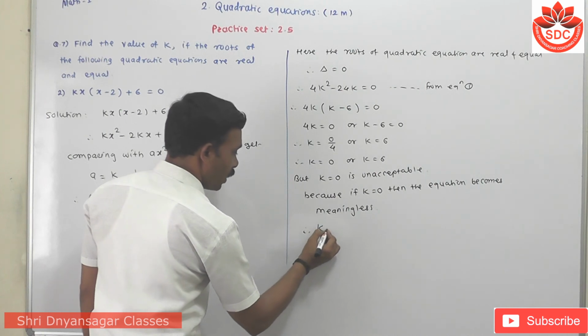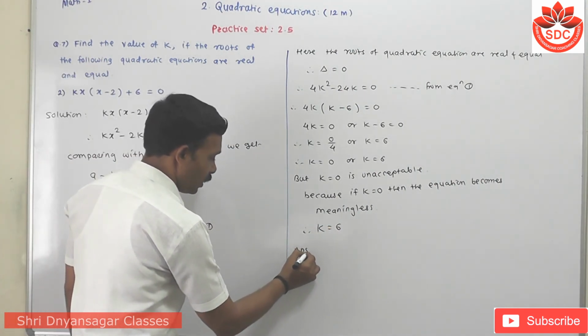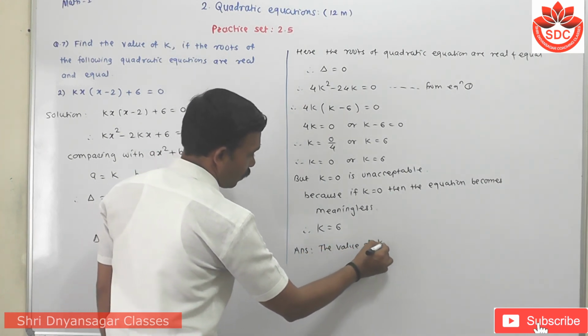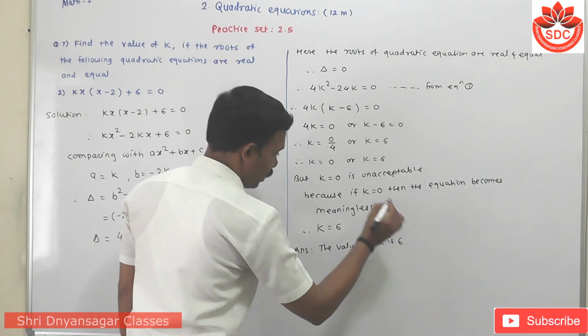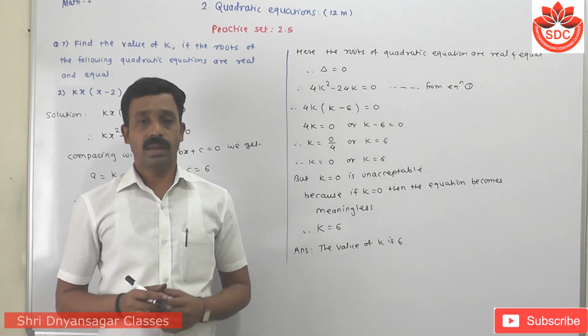Therefore, the value of k is equal to 6. The answer in a full sentence: the value of k is 6. Can you understand this, practice set 2.5? Then we see the next question.